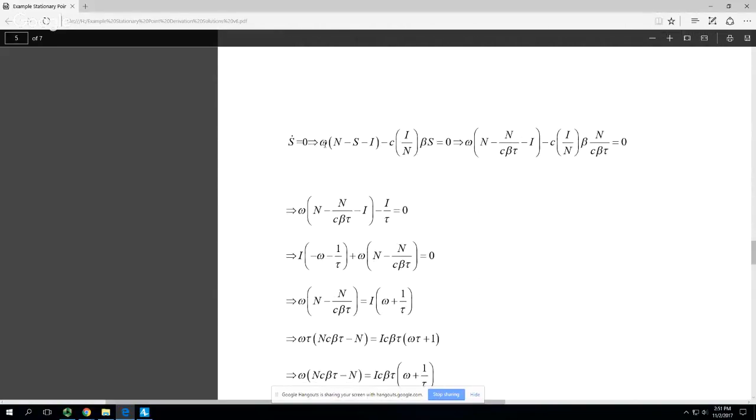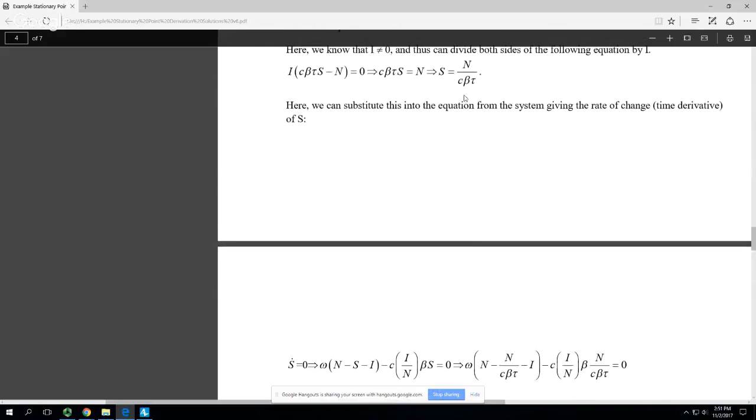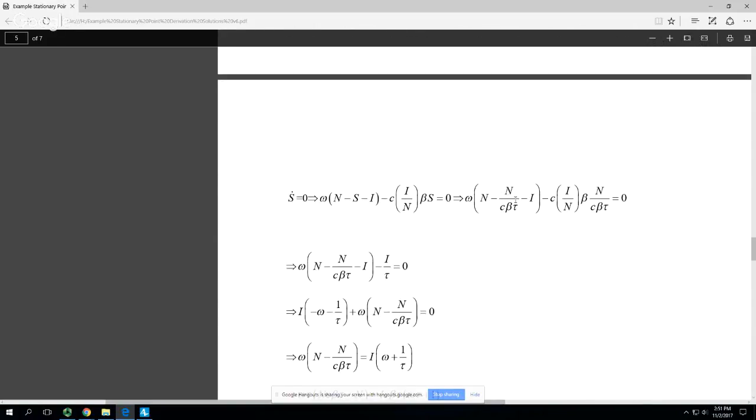So S dot equals that, which implies all this. And then we're going to substitute in here the value for S that we derived here. This guy here gets substituted in. We got rid of that S, and it got substituted in over here as well, because there's two S's here, right?